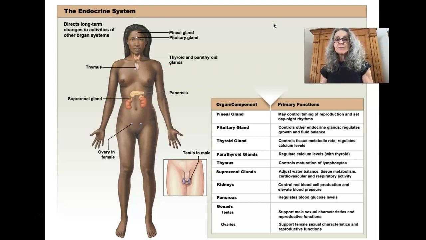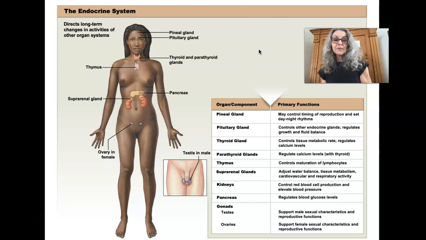The endocrine system detects when the body is not in its steady state, just like the nervous system detects when the body is not in its steady state. And the nervous system will send out what is called a neurotransmitter. The endocrine system will send out a hormone. It's a little bit slower acting than a neurotransmitter, but the endocrine system's hormones will correct the situation.